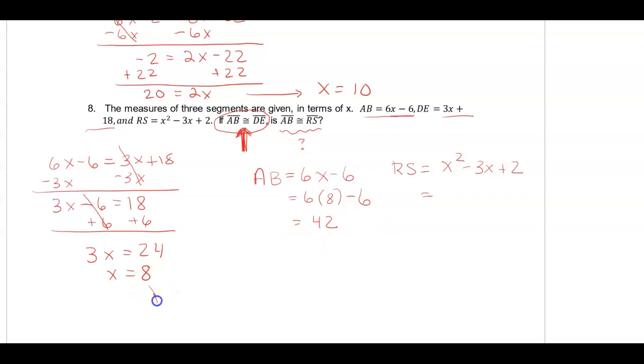Pick up your 8 for x and replace x with 8 here. So 8 squared minus 3 times 8 plus 2. So I'm getting 64 minus 24 plus 2, which is also 42. So make sure you answer the question. Yes, AB is congruent to RS.